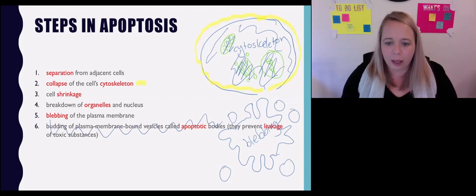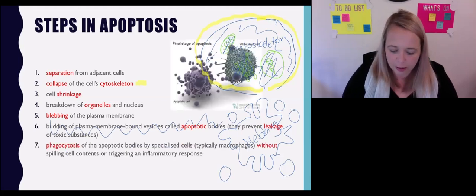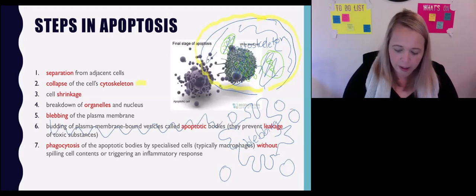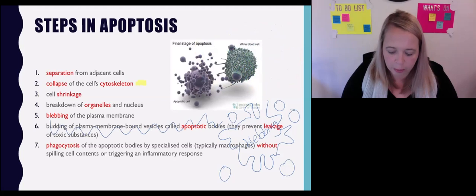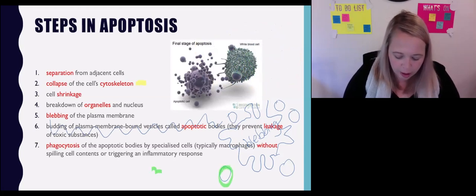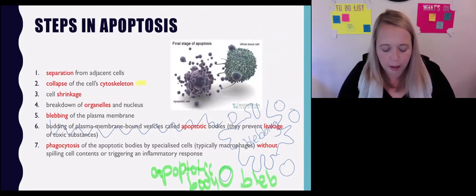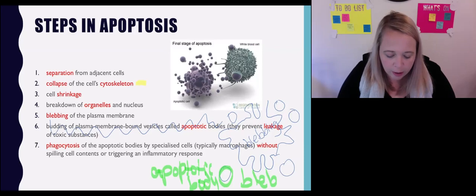Now, after the blebbing, those blebs, those apoptotic bodies, and I'm just going to get rid of my top picture here, so you can see there, these apoptotic bodies begin to be, so this here, this green one that I've just highlighted, that's what we call an apoptotic body or a bleb. You can also call it a bleb. All right, now you can see here that these are the apoptotic cells. You could see all these little blebs that were forming before.